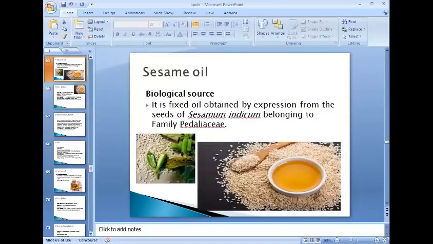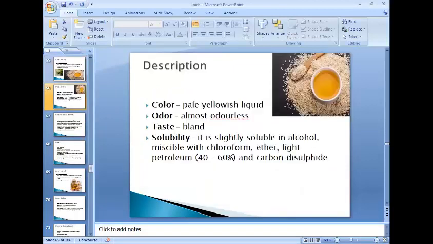Sesame oil is obtained by the expression from the seeds of Sesame indicum of family Pediliaceae. The oil is pale yellowish in color. It is almost odorless and has bland taste.